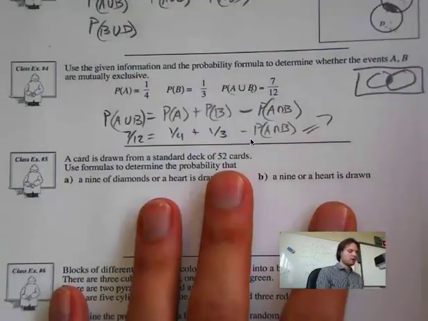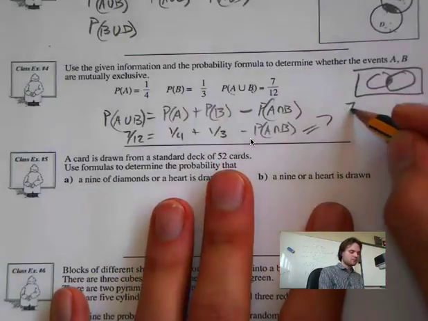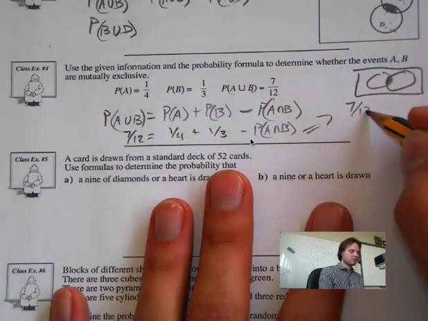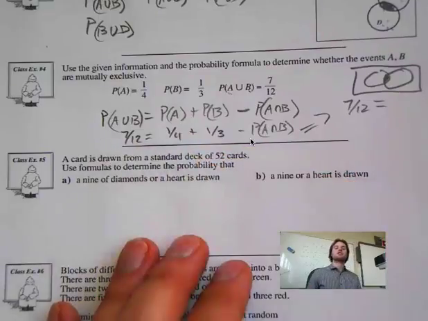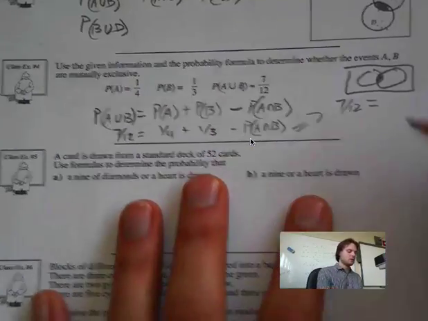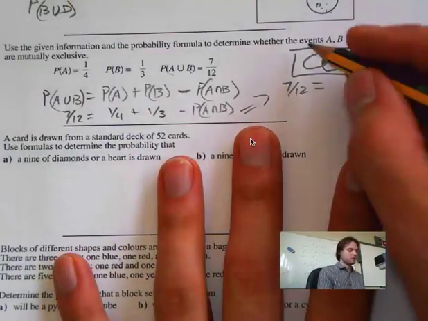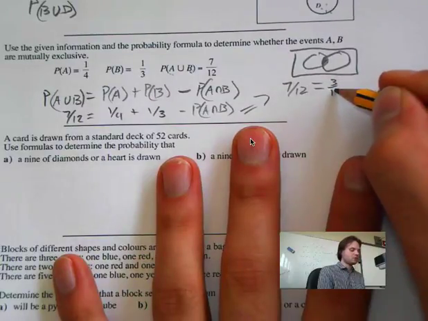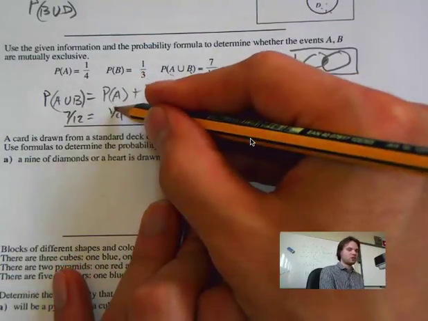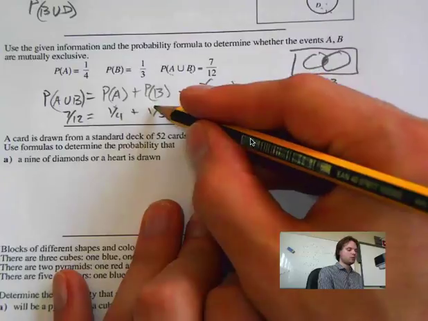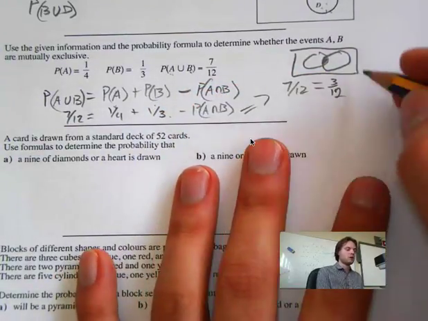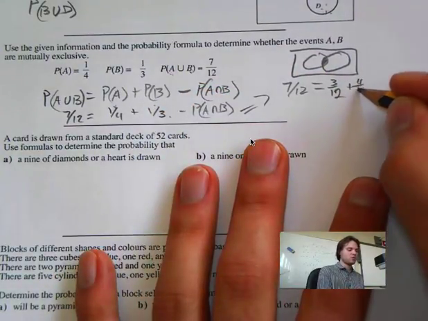So I'm just going to go over here and add these together. Now to add fractions, we need common denominators. Well, this is the same as 3 over 12. All I did was multiply the top here by 3 and the bottom by 3, and I multiply the top here by 4 and the bottom here by 4, and I'm going to get plus 4 over 12.